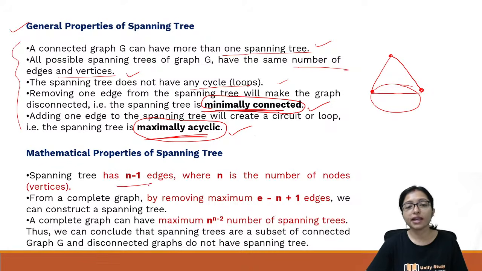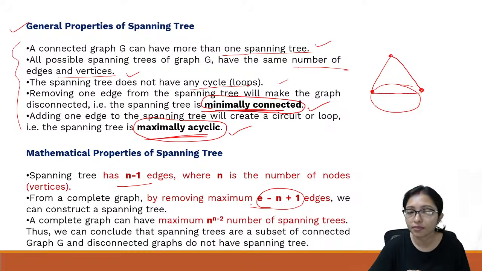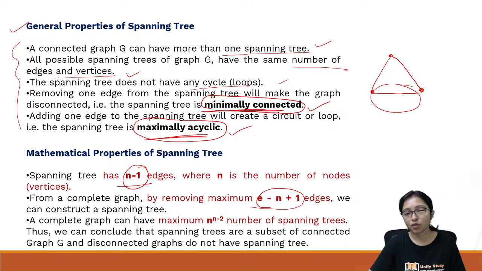So here there are n minus 1 edges, and by removing e minus n plus 1 edges, you are able to construct the spanning tree. How does it come? See, here a total of n minus 1 edges is possible.